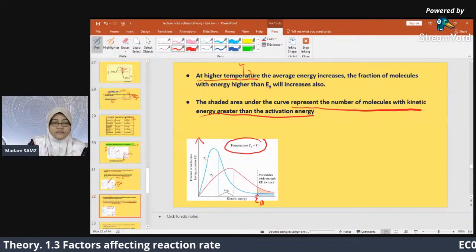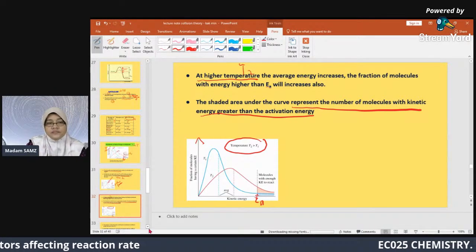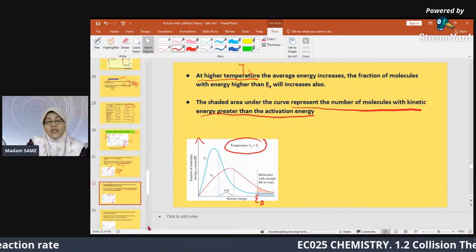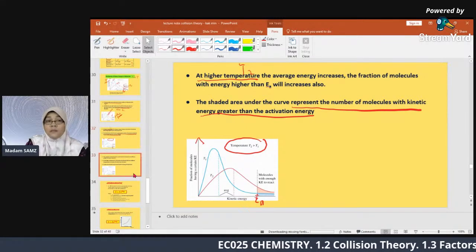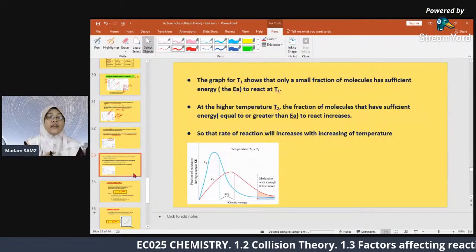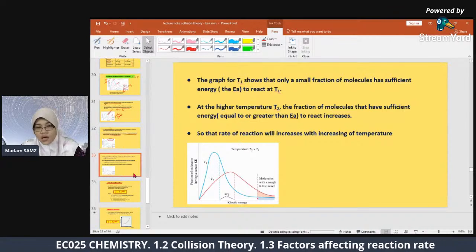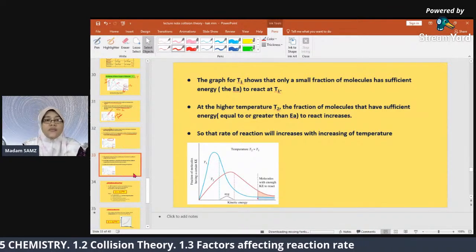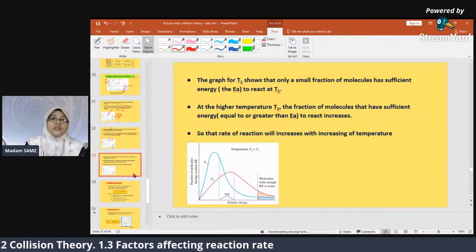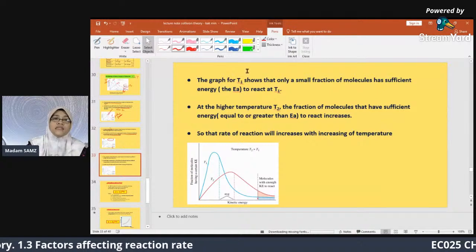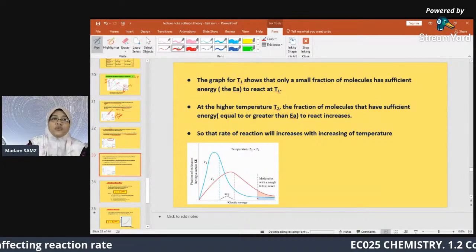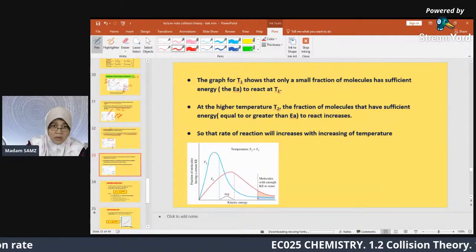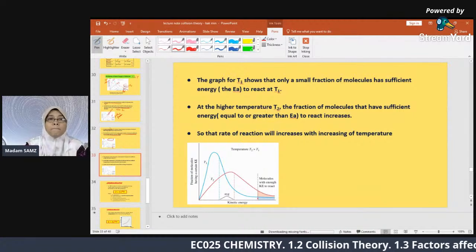Alright. Kalau kamu nak tengok sebenarnya luas bawah graf dua-dua tu sama. But kita nak tengok shaded area, luas bawah graf shaded area, the molecule exceeding EA. Okay. So masih dalam Maxwell-Boltzmann punya penerangan, graf yang sama, explanation dia banyak. Okay.